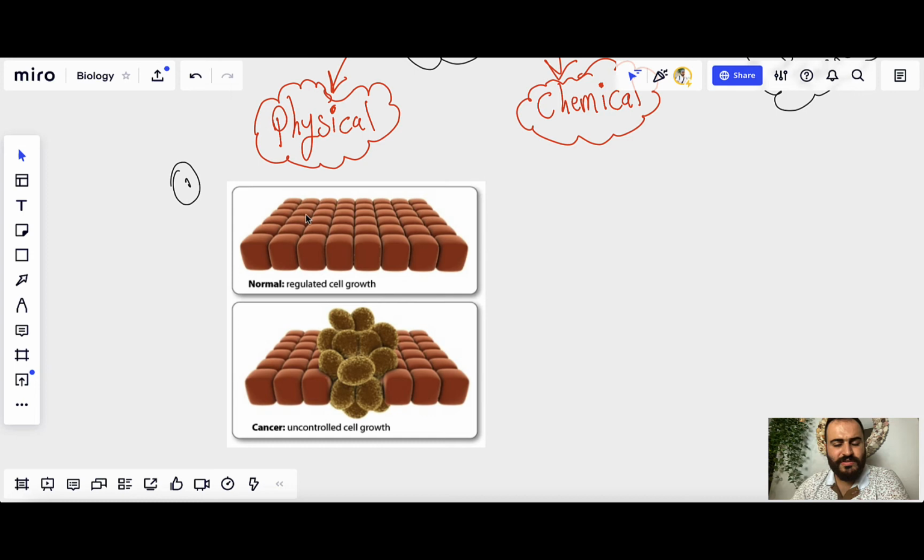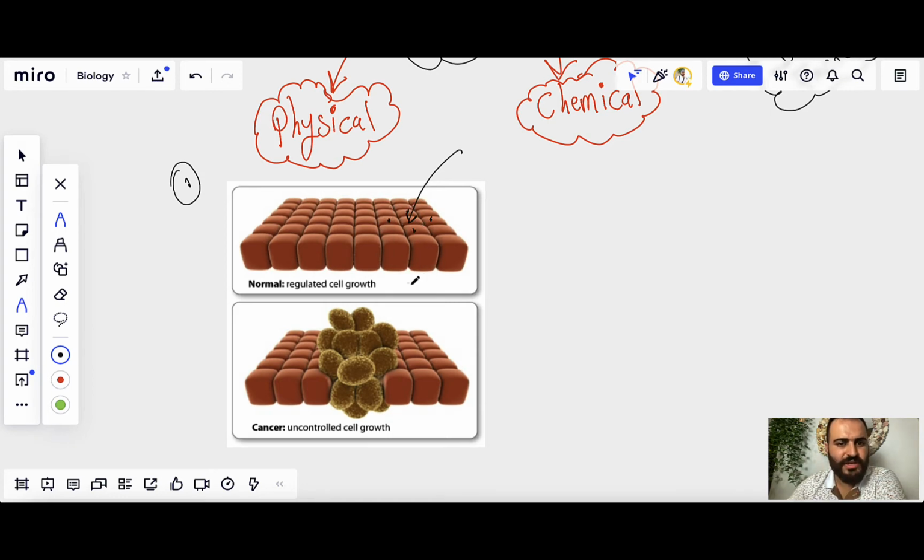And this is controlled by proteins located at the plasma membrane or the cell membrane of the cells that allow the cell to adhere or to connect with the cells around it. So every cell in this example, if I look at this cell for example, is connected to 1, 2, 3, 4 cells around it.